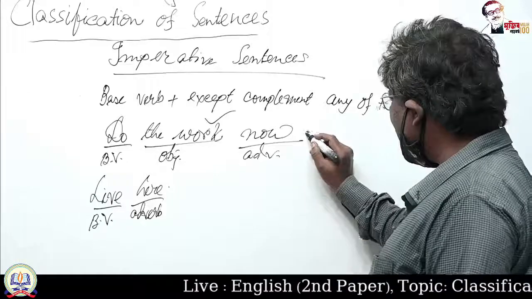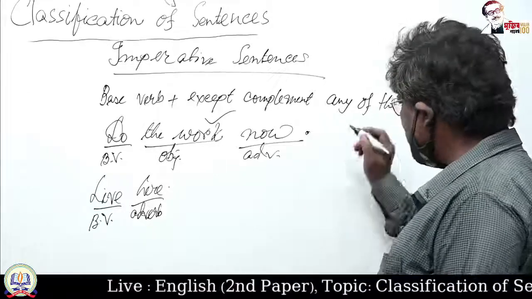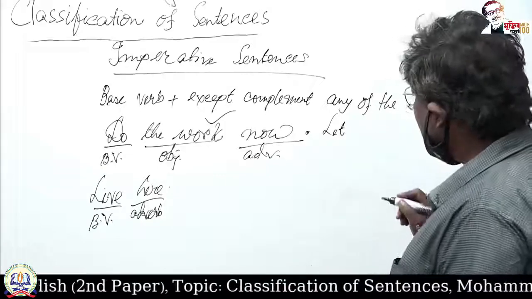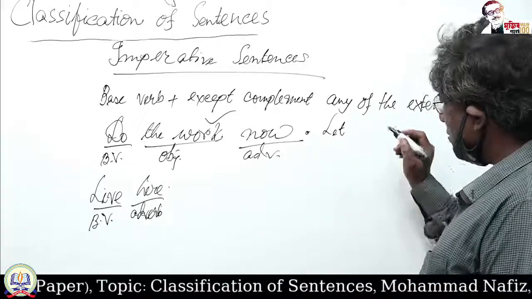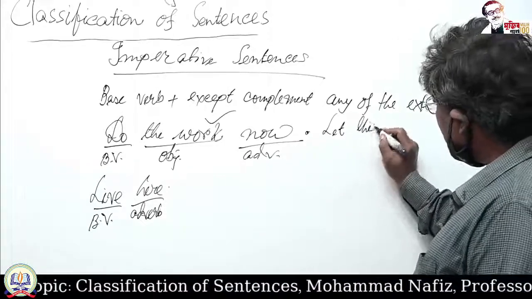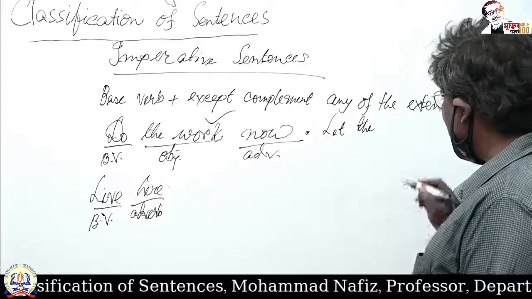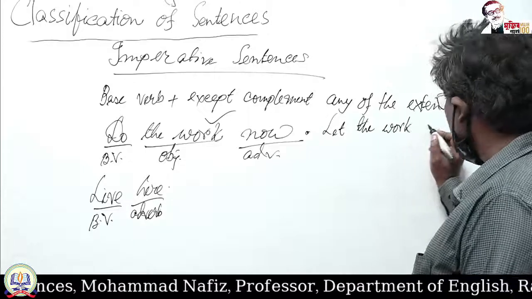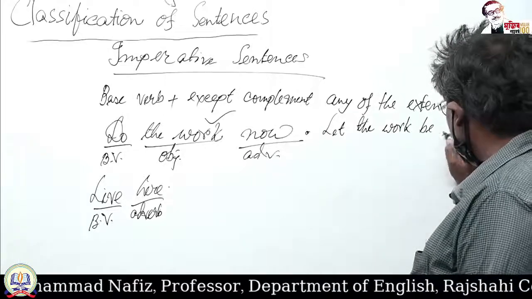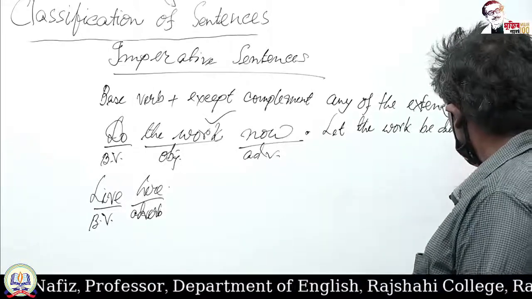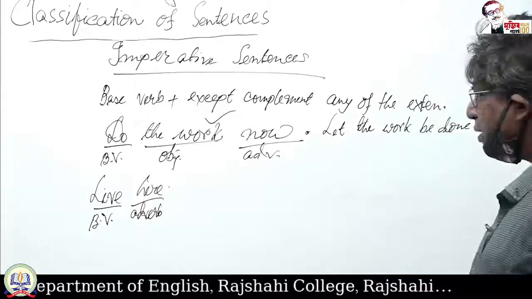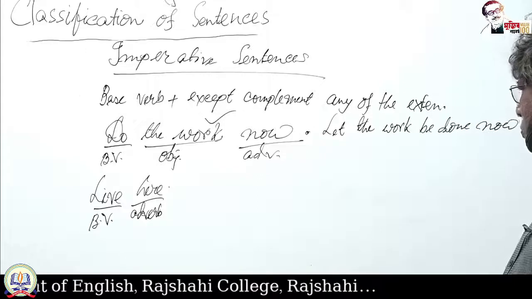If you are asked to make the sentence passive, you need to use let at the beginning of the sentence, then there comes the subject: let the work be done now. Let the work be done now.